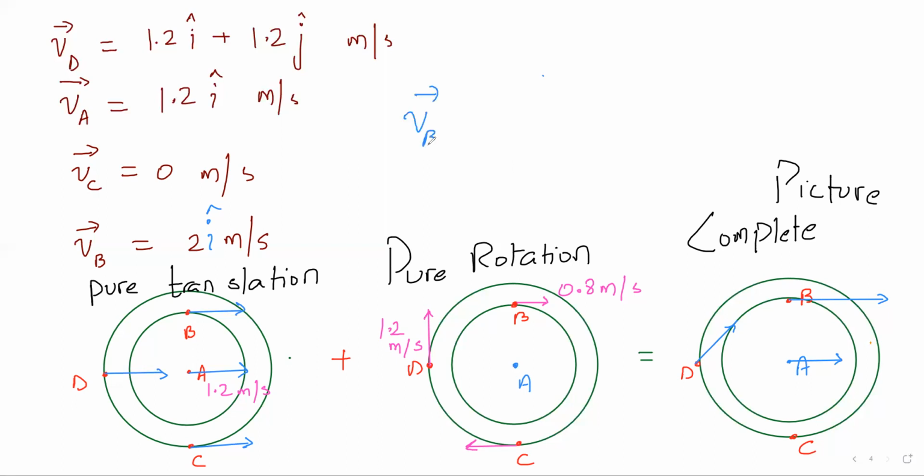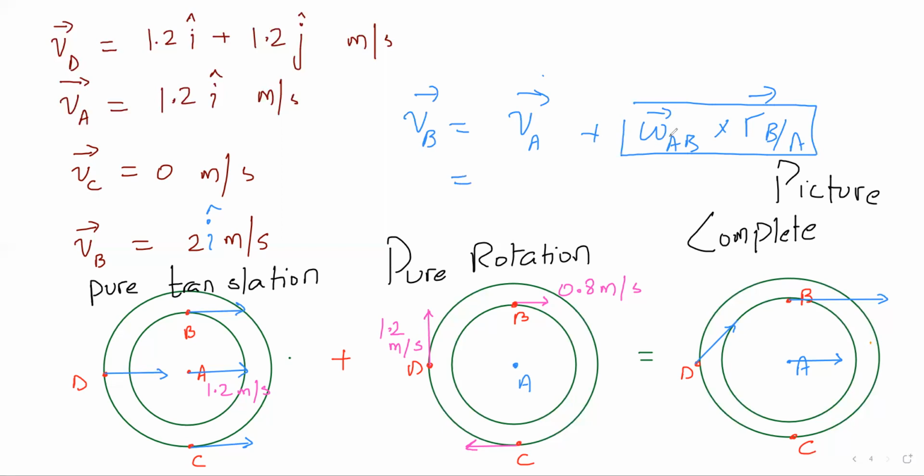VB equal to VA plus omega cross position of B with respect to A. You see this chunk that comes from the rotation. So omega is minus 8K. Position of B with respect to A is 100 millimeter, 0.1. 8 multiplied by 0.1 is 0.8.